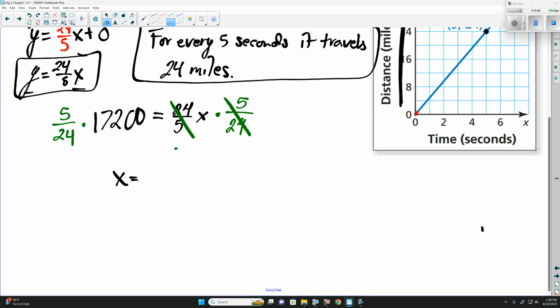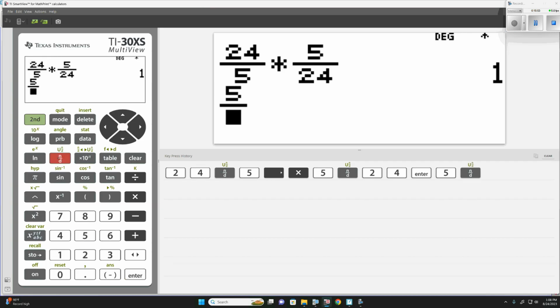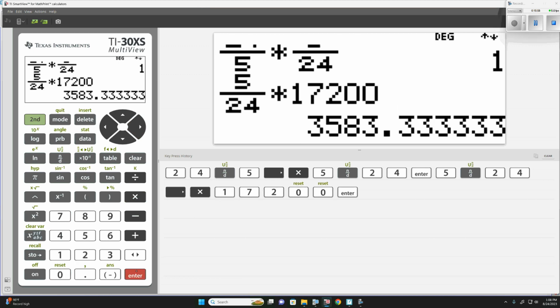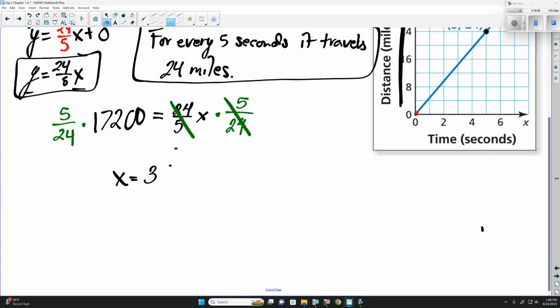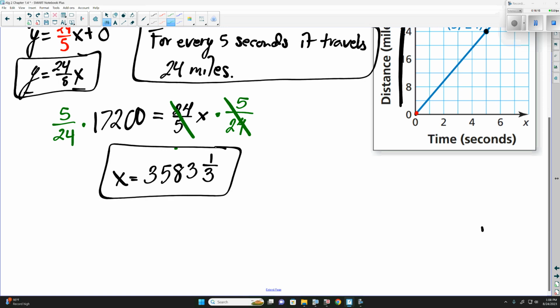On the other side, we have to do 17,200 multiplied by 5/24, which is 3,583.3 repeated. It's how many seconds it would take to travel 17,200 miles.